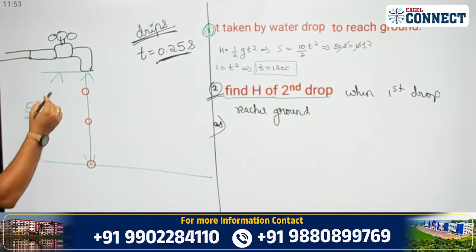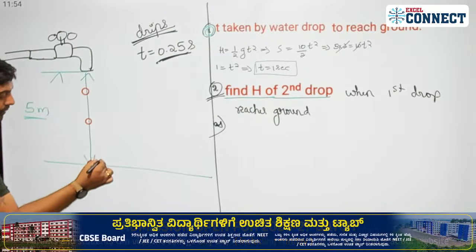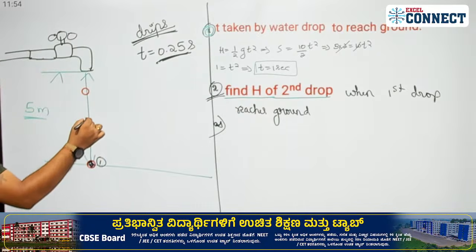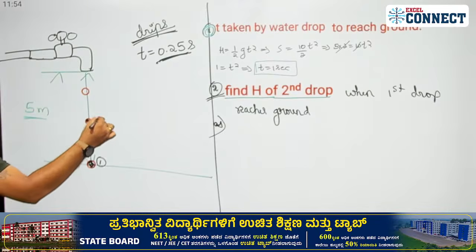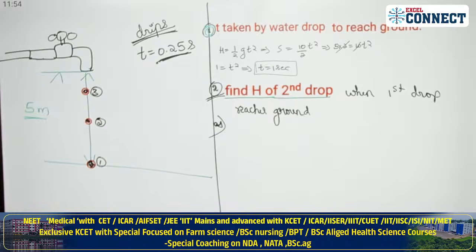Right. So this is the first drop. This is second drop. There is third drop. And where will be the fourth drop?